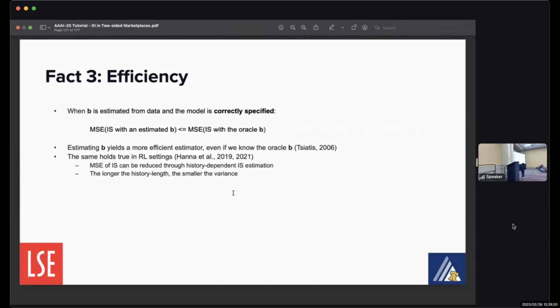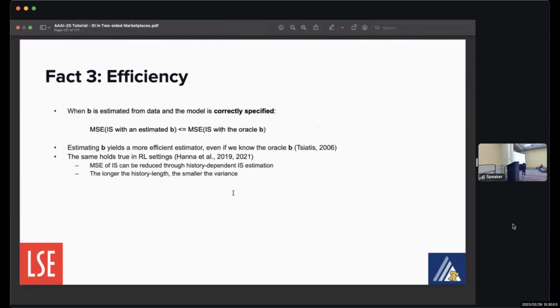The third fact is again about efficiency, and it is a very interesting fact. It tells us that if the behavior policy is estimated from the data, and the model used to estimate the behavior policy is correctly specified, then very interestingly, an importance sampling estimator constructed with the estimated behavior policy will have a mean square error smaller than or equal to that of the importance sampling estimator with the oracle, true behavior policy.